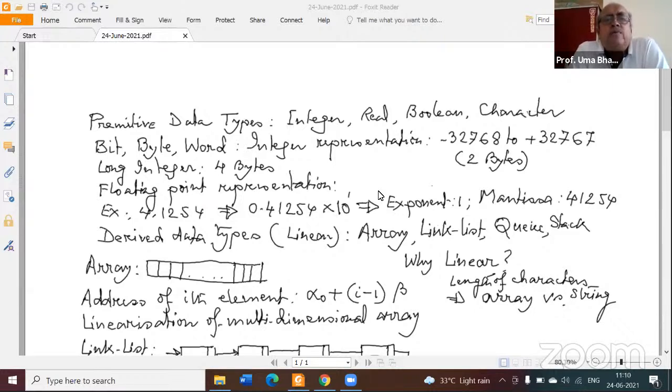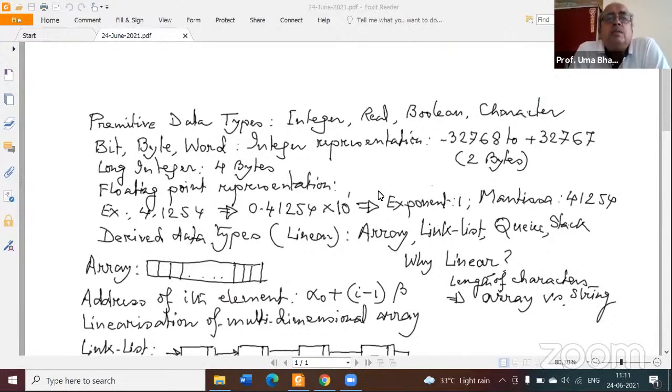One of the parameters to understand the capability of a computer is its word size. That means the length of the word, because the processor operates and accesses word-wise.